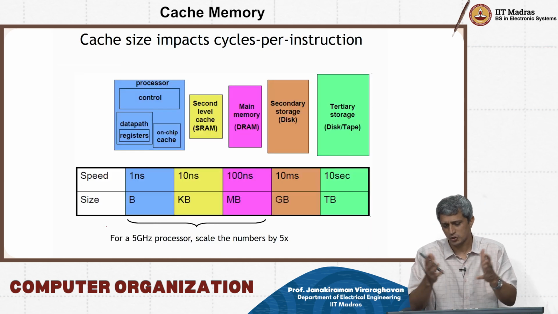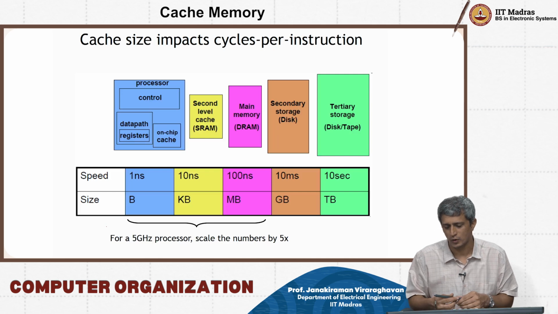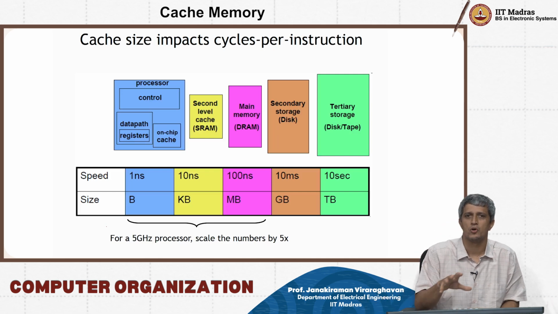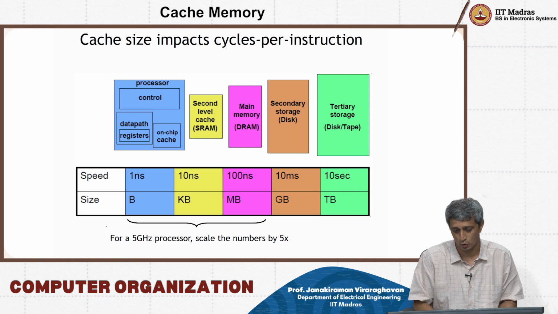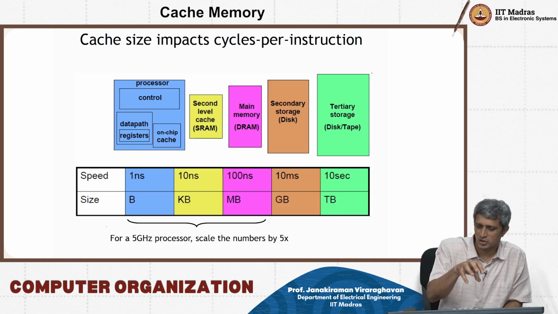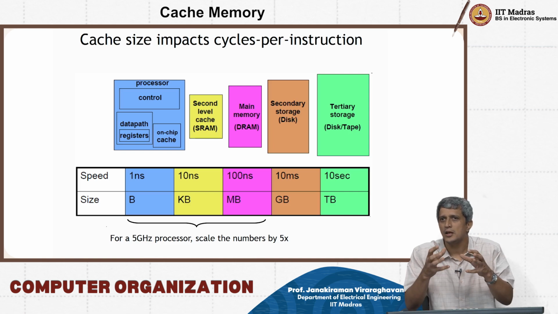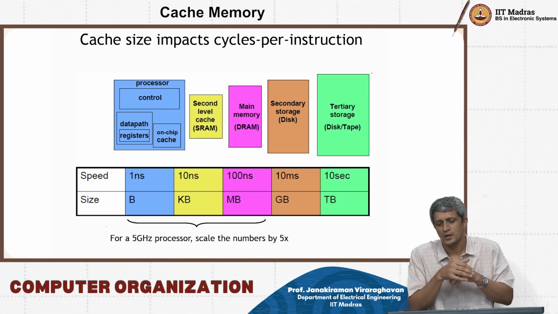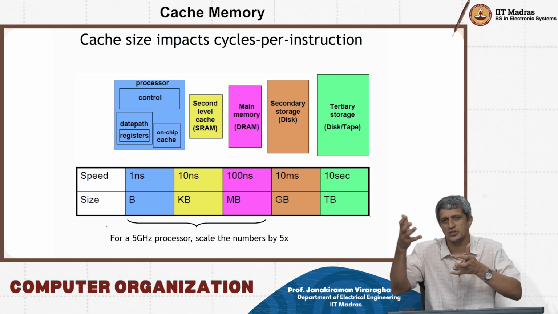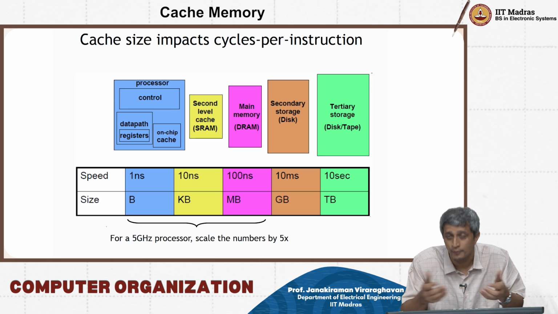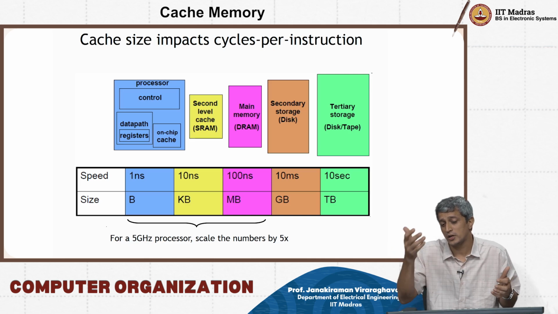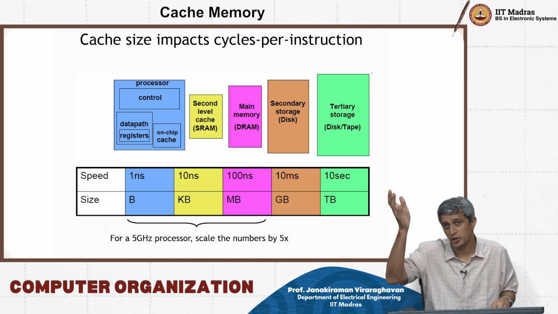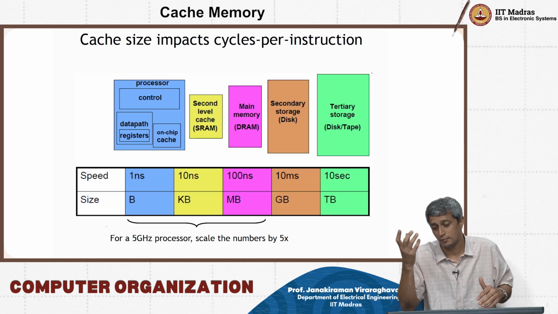This is a very good slide for us to conclude our discussion in the computer organization course. There's a processor, there's a register, and then there is an on-chip cache. Then there is a second level cache, then main memory which is DRAM. Then there is secondary storage which is disk, and tertiary storage which is tape.